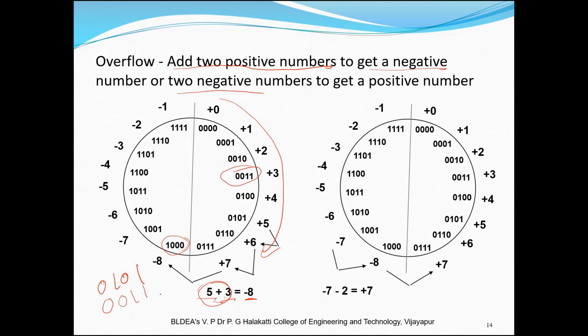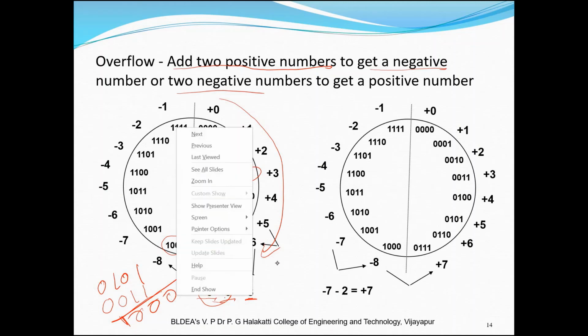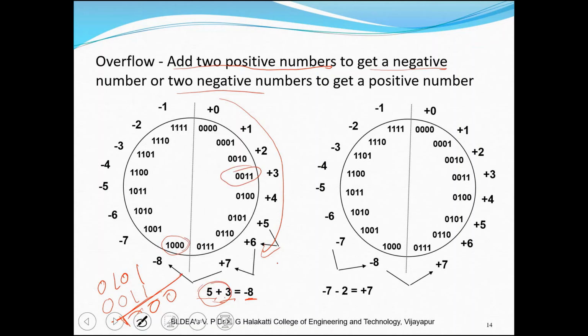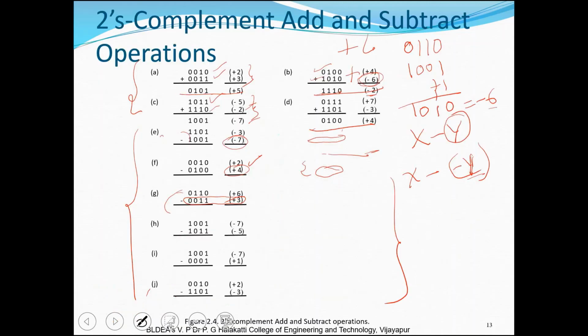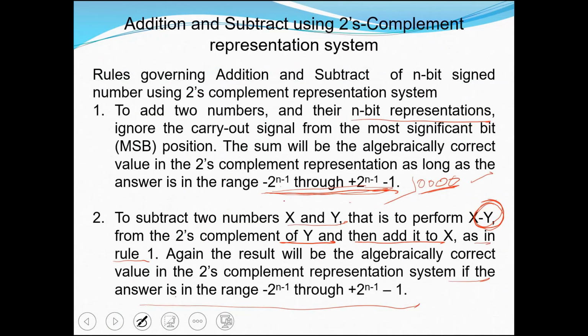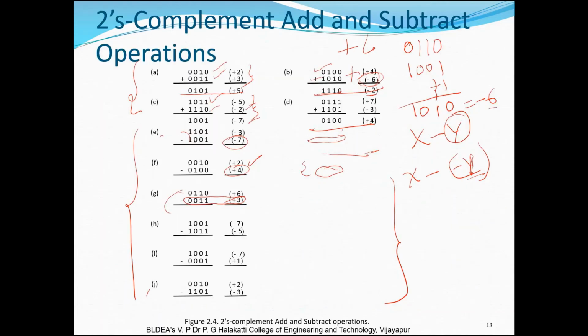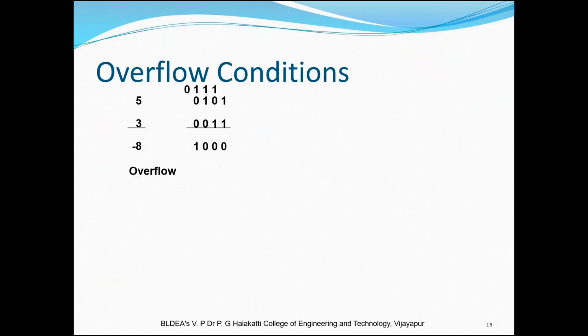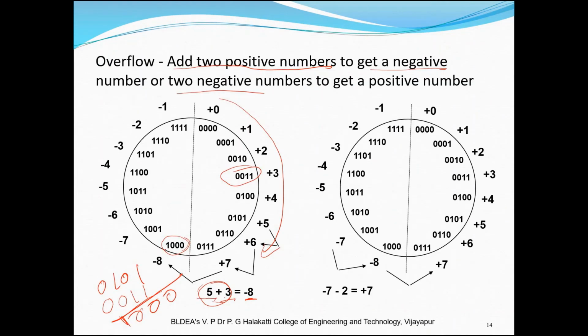When I perform addition, I am going to get 1000. So I have done it correctly, but the answer is beyond the range we said here. That's why the answer is minus 8.